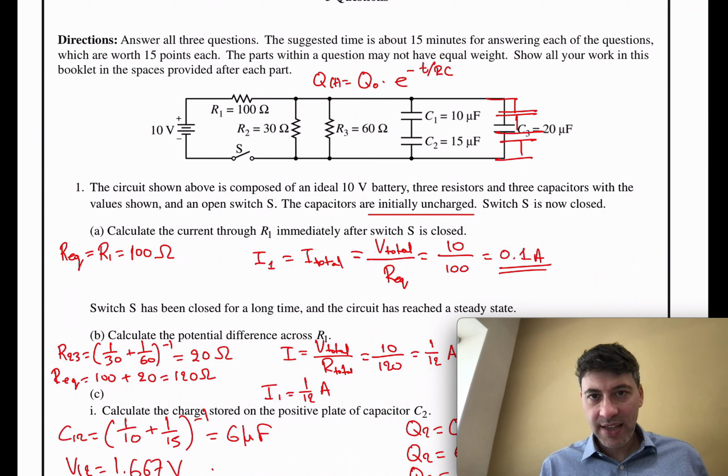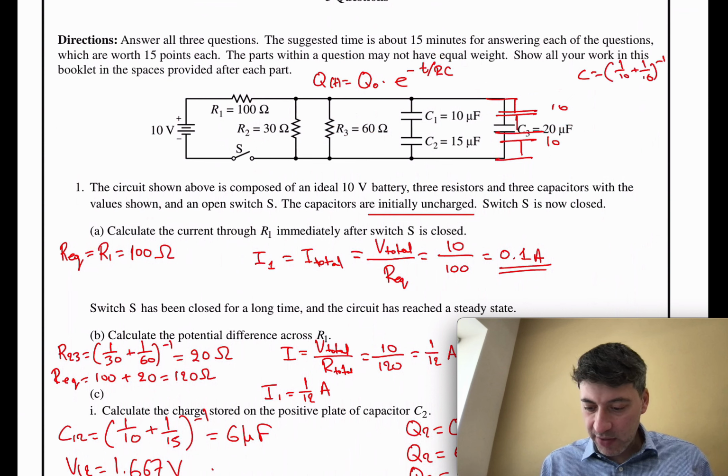So the C is the total C, the equivalent capacitance for this system of capacitors. And if we replace the C3 with two new capacitors, 10 and 10, the equivalent capacitance for these two will be (1 over 10 plus 1 over 10) to the power of negative 1, so this will be 5 microfarad.